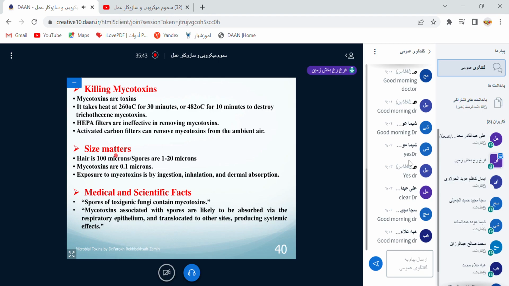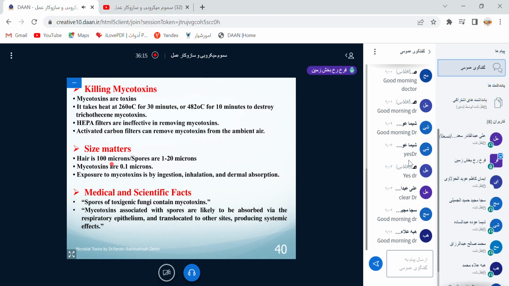How big are mycotoxins? They can very easily go through the HEPA filter. You know, HEPA filters are used in many places for culturing microbes. Size matters.